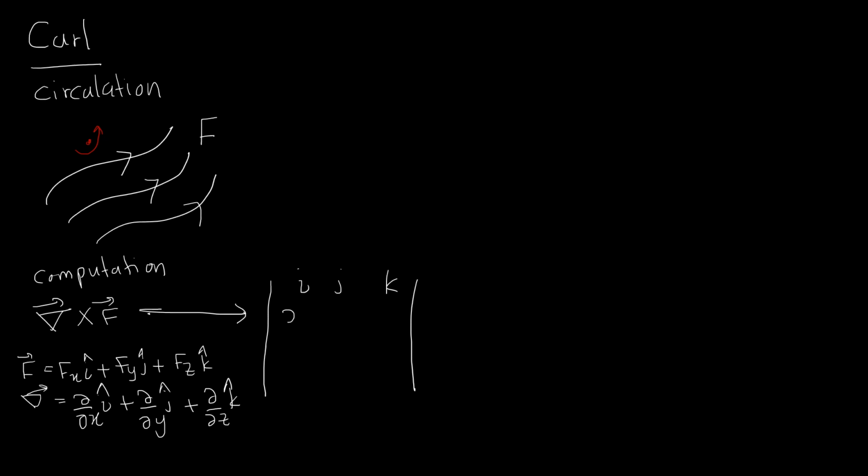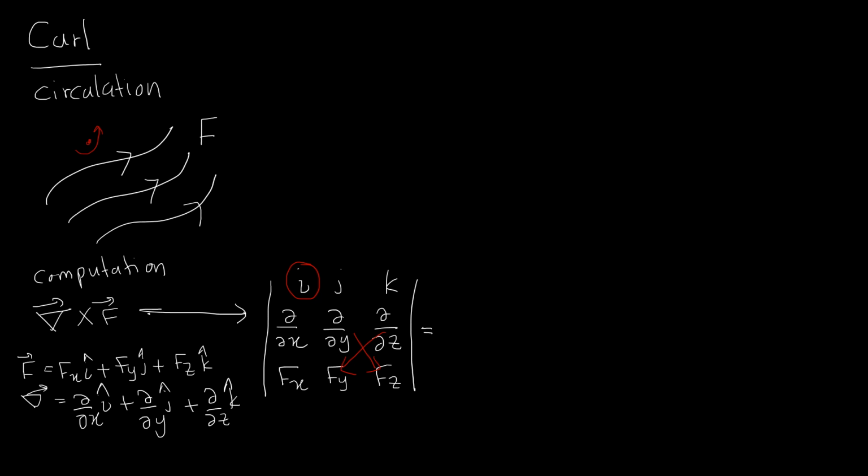i, j, k. This is our first vector, ∂/∂x, ∂/∂y, ∂/∂z. This is the second vector, Fx, Fy, and Fz. So when we are taking the determinant, if we want to calculate the i-th component, we will take these two terms.